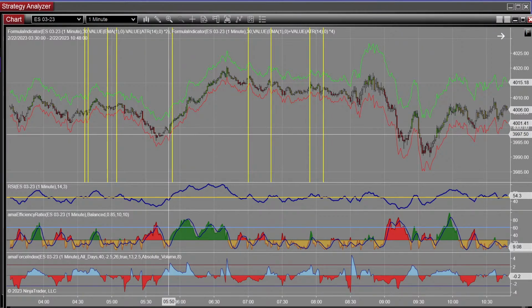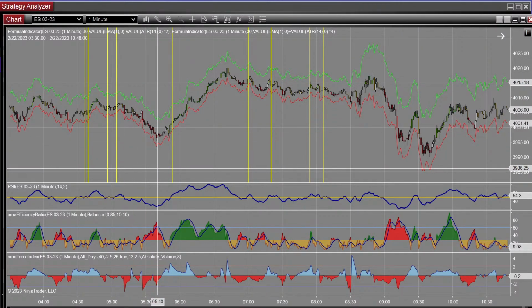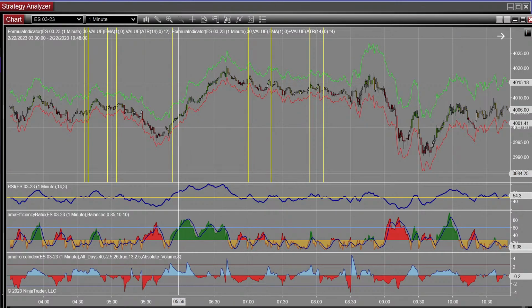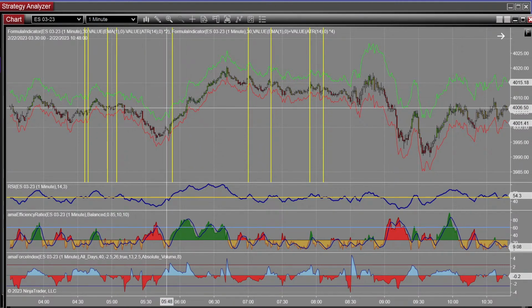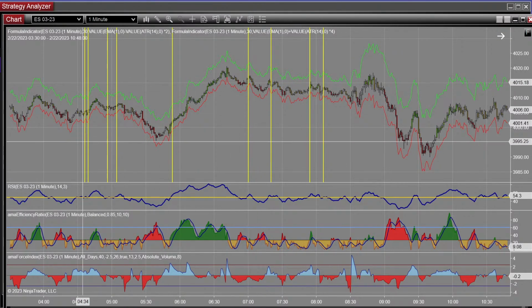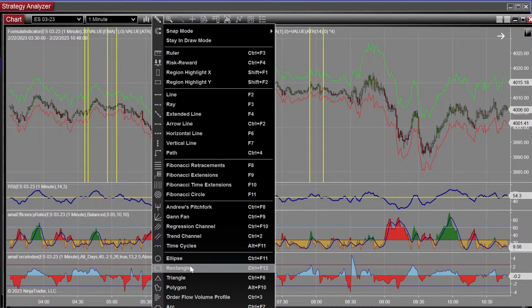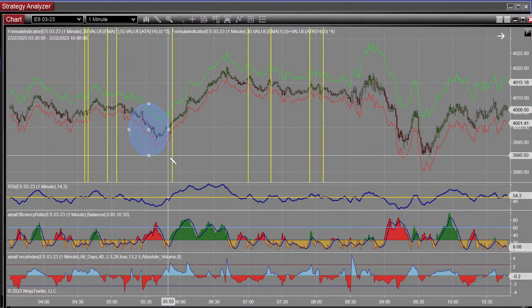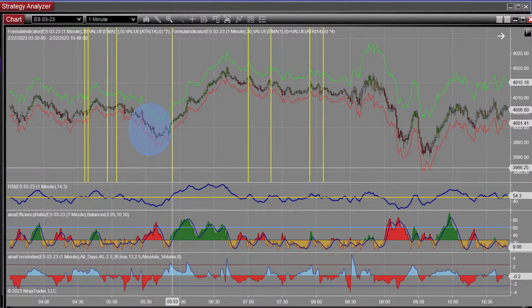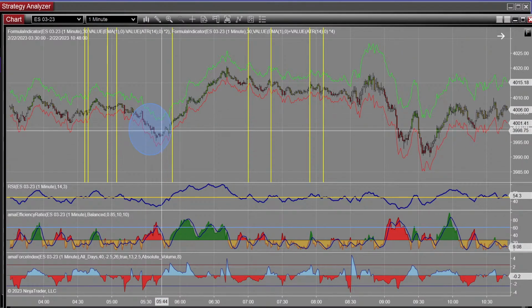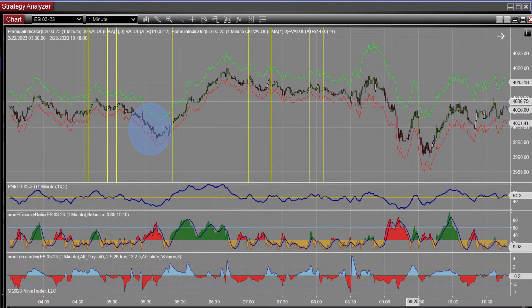Then we look to find a pattern, or basically quantify what happened before the good signal. Most of these kind of suck, but this one's great. So what we're trying to analyze is what is different with this price action versus the other price action.